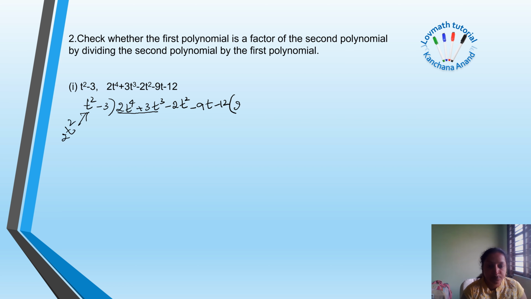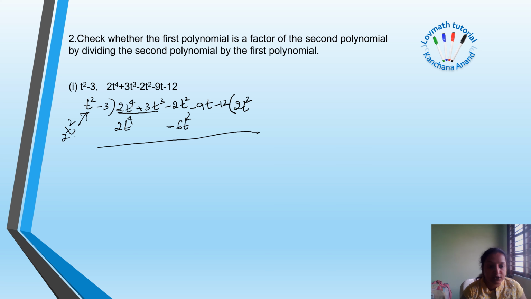That means 2t square into t square becomes 2t to the power of 4 and 2t square into minus 3 becomes minus 6t square. Now let us subtract this.